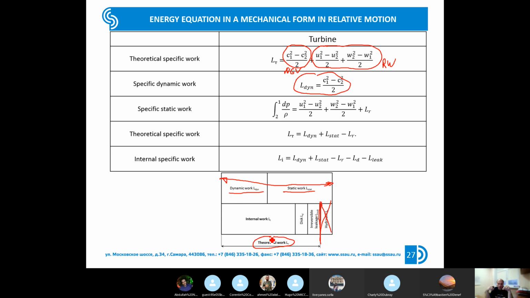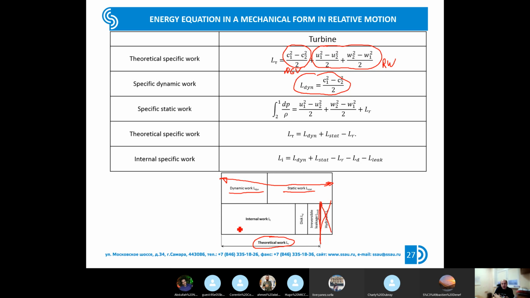Of course, not all this energy is converted to useful work in the turbine and supplied to the compressor, for example. Some energy is spent on the leakages, and some energy is spent to overcome friction between the gases and the disc of the rotor wheel, which is braking the flow.